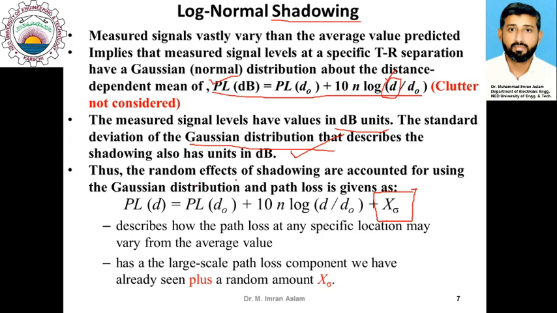This random effect of shadowing is represented by this X sigma random variable. This X sigma, as I mentioned, follows the Gaussian distribution. So in that case the path loss would have this value, where the first part is the deterministic part, plus this X sigma, which represents the randomness occurring because of the shadowing.